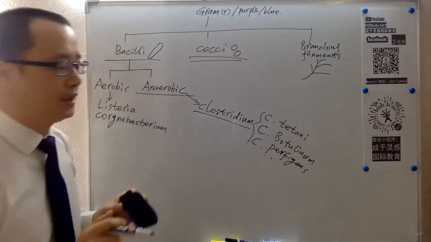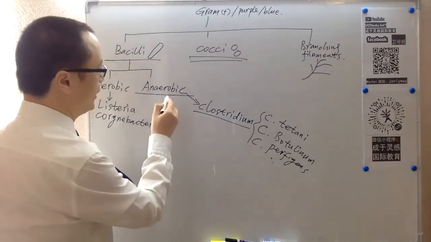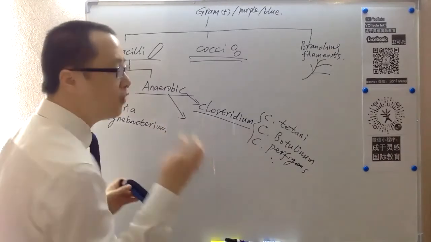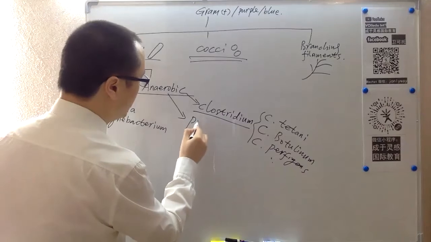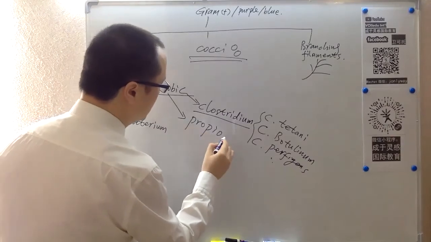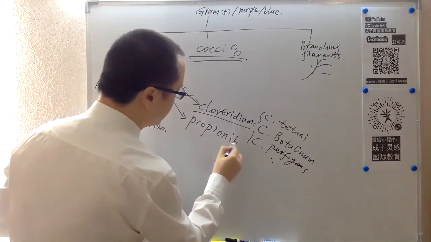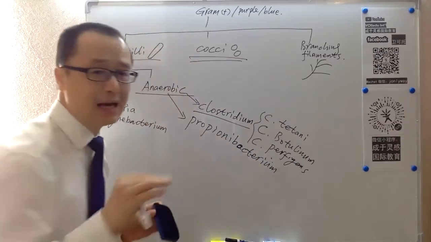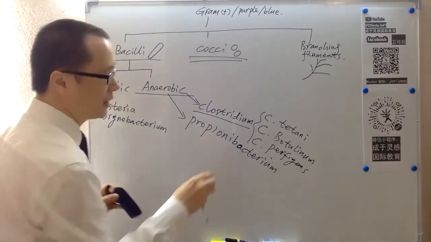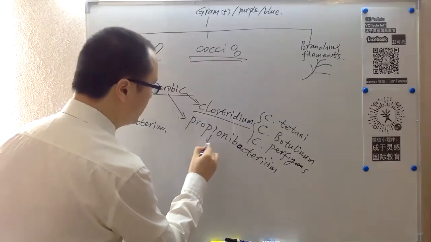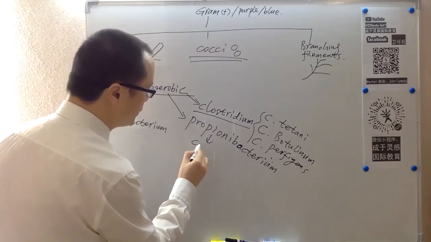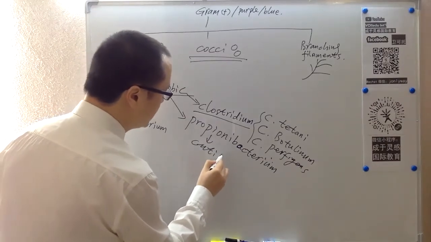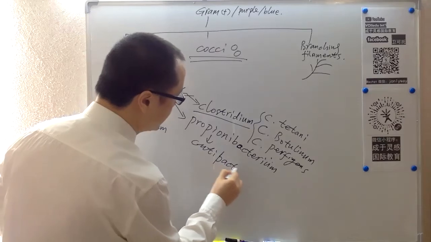There is also another anaerobe, formerly called Propionibacterium. But now the name Propionibacterium has been changed to Cutibacterium.